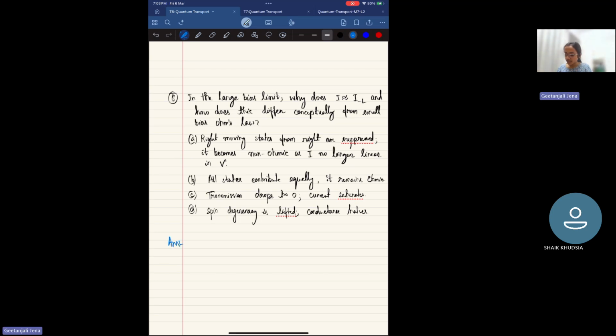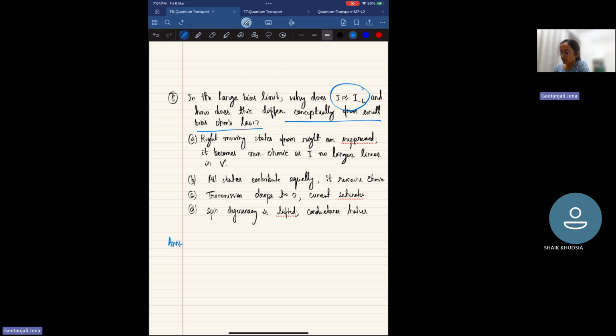So the first question is, in the large bias limit, why is I equal to I_L minus I_R, the left or right propagating wave, and how does this differ conceptually from small bias Ohm's law?